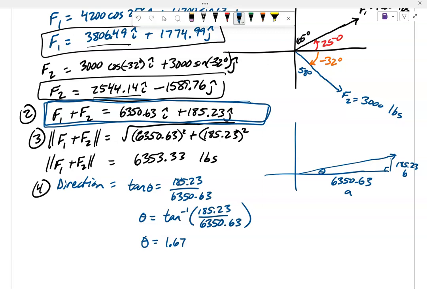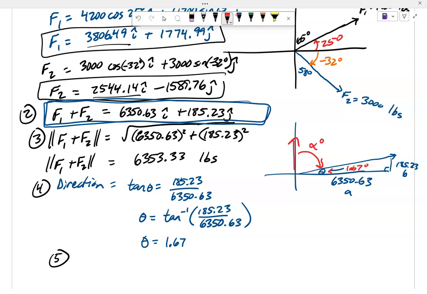So this is measured from the x-axis, right? So this is right here. This is the 1.67 degrees right there. Now what we actually want is the bearing. So we've got to do a little bit more to this. We want the bearing north such and such degrees.